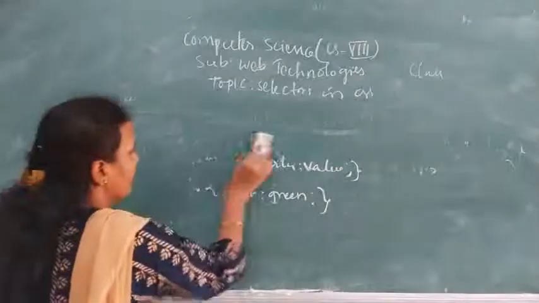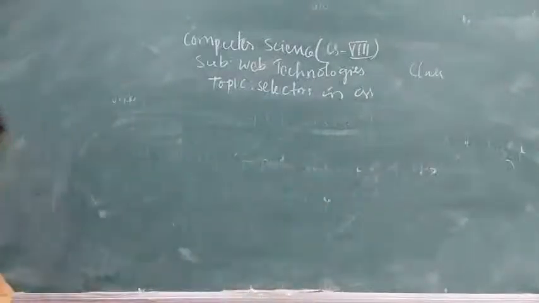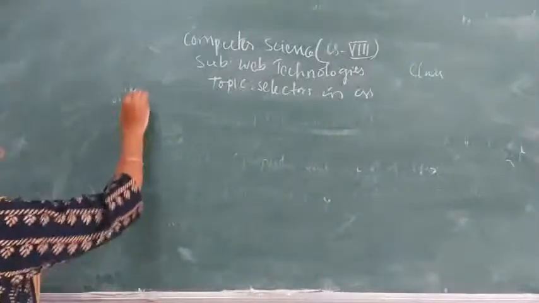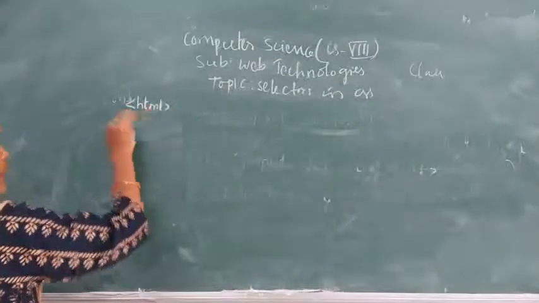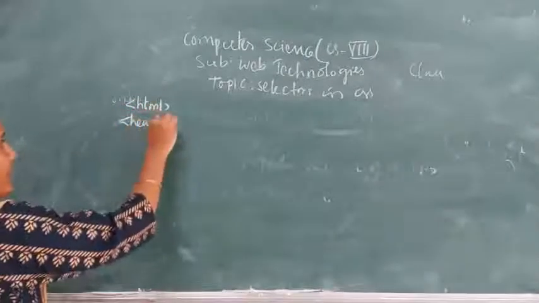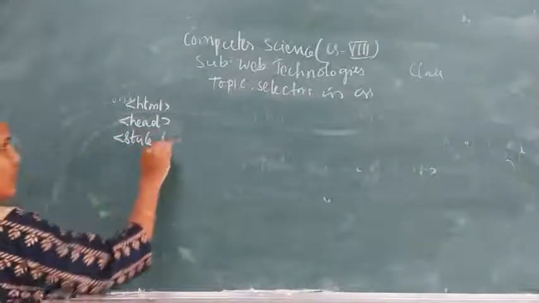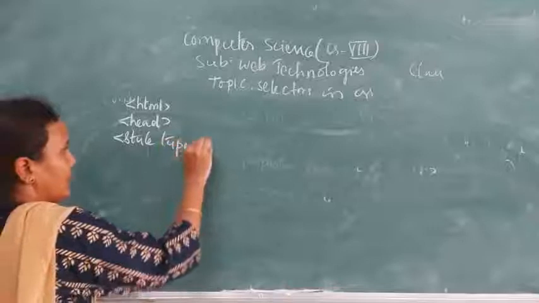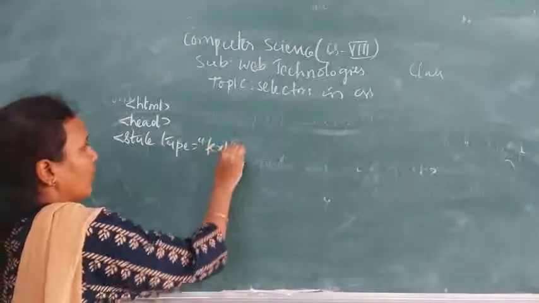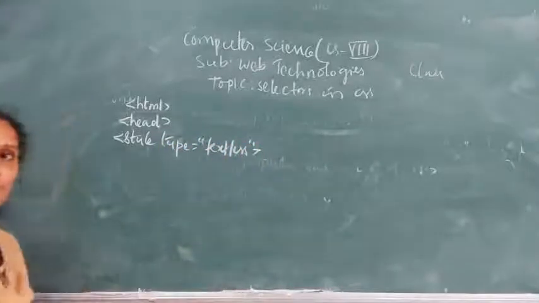Give an example of that. Again, HTML, head. Inside the head, I am using the style tag to include the style sheet information inside the HTML. Style type equals text/CSS.